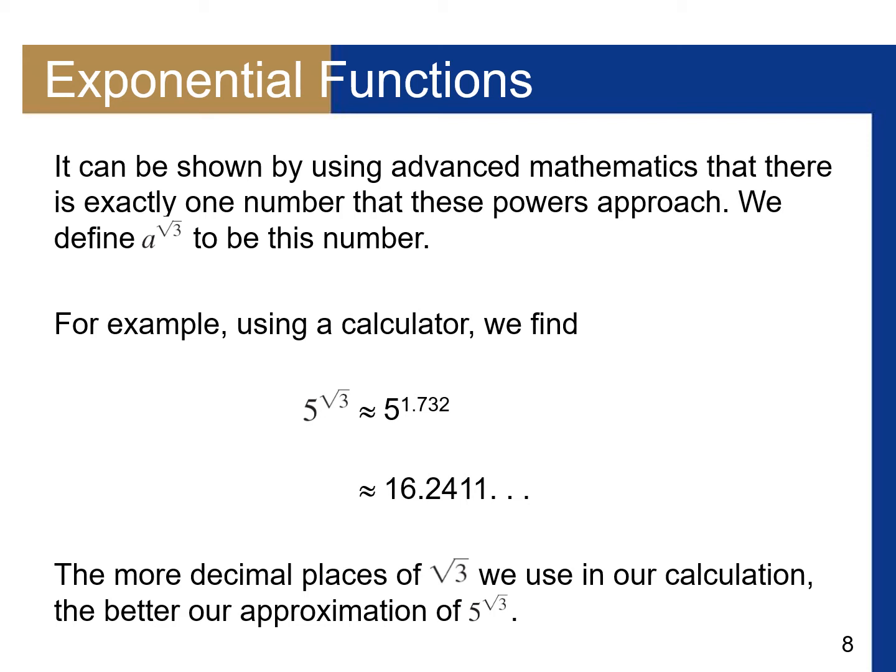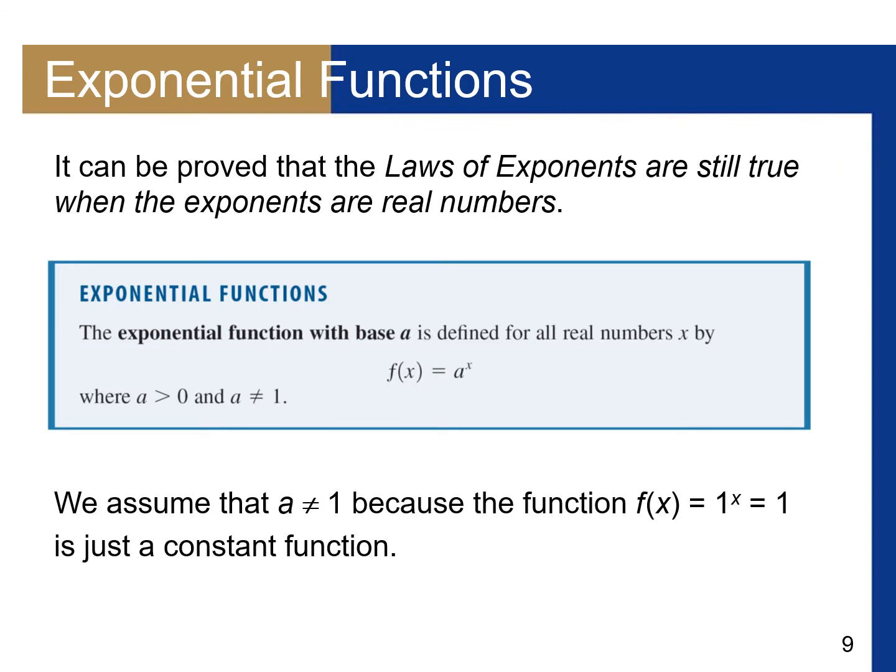Again, we're going to just take that square root of 3 and approximate it. Here they're using 1.732. The laws of exponents are still true when you're dealing with real numbers and the exponentials.